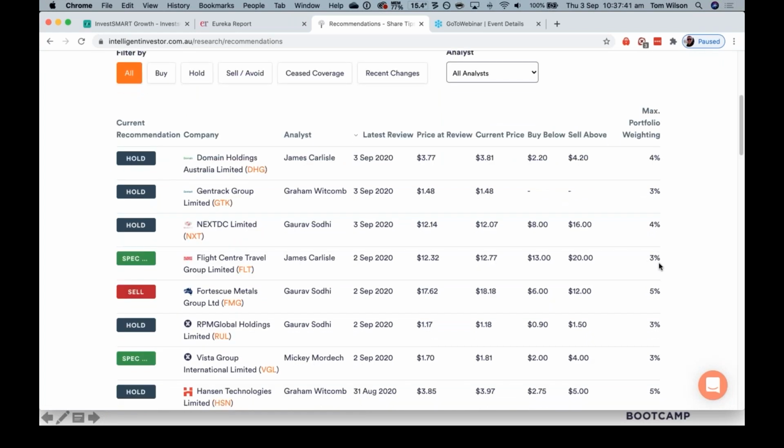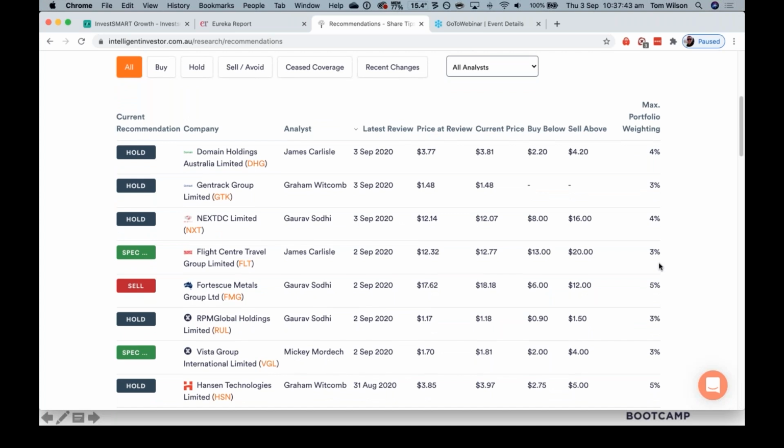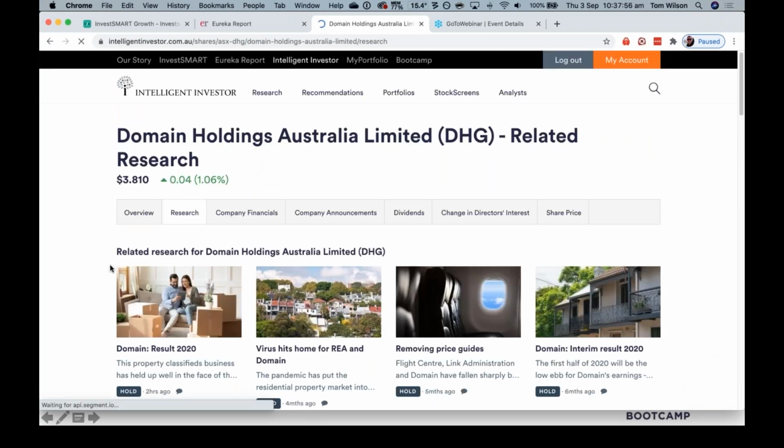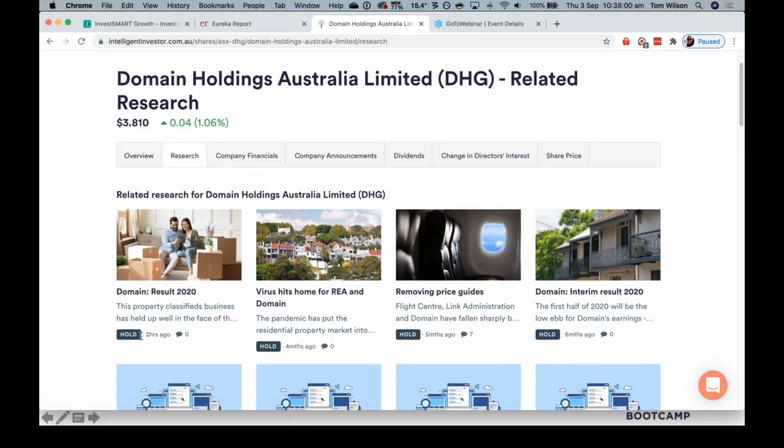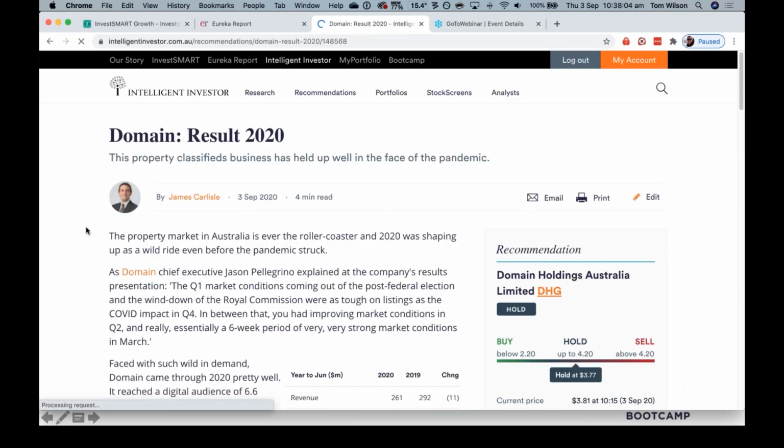So if you were someone who said, I've got the passive side looked after already, I just want to have the active side, which I'll do myself, you could use this as an example and say if that recommendation was to hold, you could then click on it, and 2 hours ago, they've given a rundown on their result and why they believe that it is a hold.